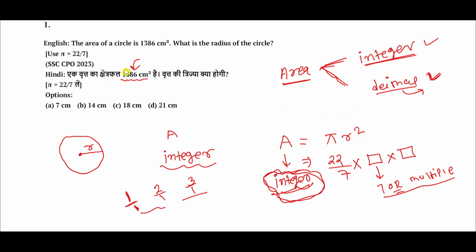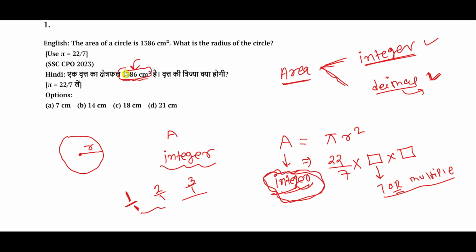So now this question, I want to explain a big thing to you. Just by seeing the nature of a circle's area, you should quickly react: what is the radius of this circle, what is the circumference of this circle, in the form of integer or decimal.